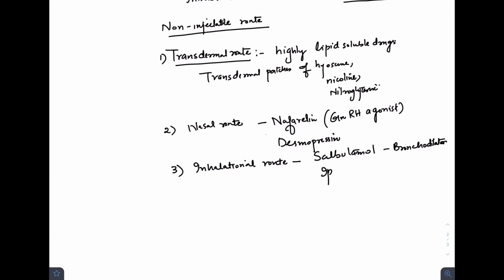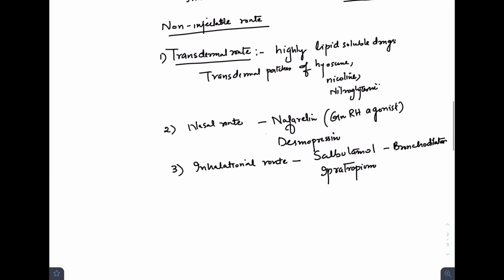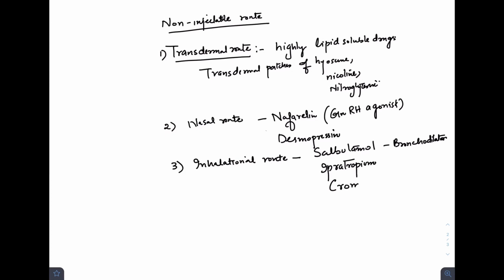Second, we have ipratropium, which is also given through the inhalational route, and cromoglycate. These are drugs which can be controlled externally, as we have seen in the IV infusion. Also, we use inhalational anesthetics like nitrous oxide, and that route is also known as the inhalational route.